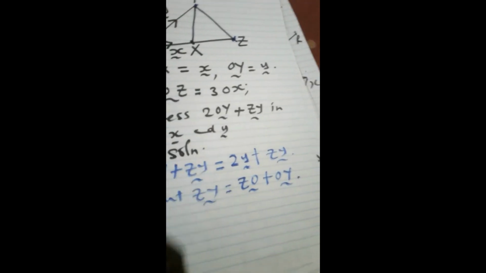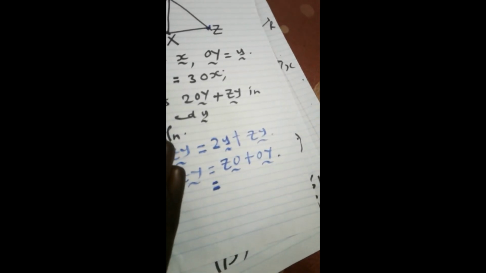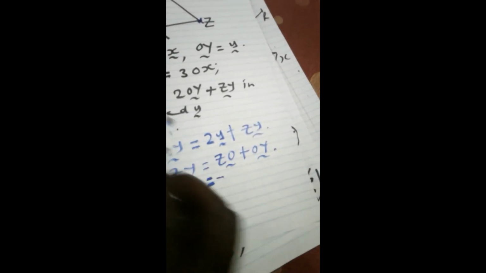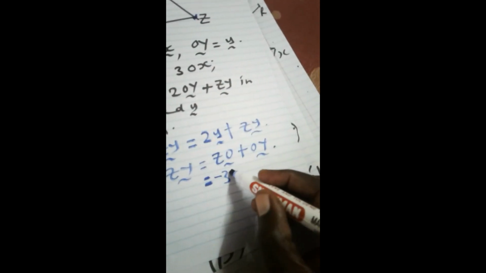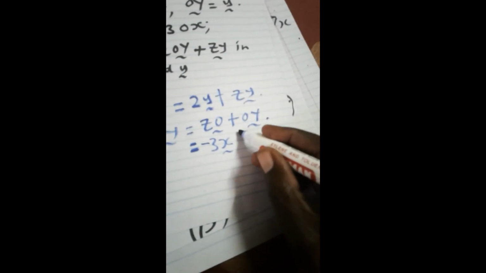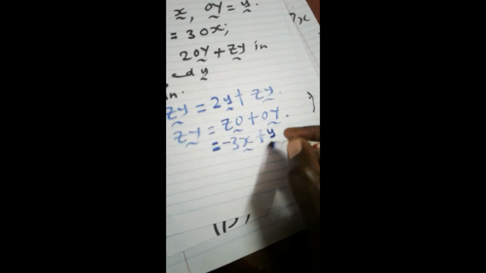But we have got OZ. Therefore, ZO is a reverse of OZ. Therefore, ZO is a reverse which will be a negative 3OX. But OX is given as vector x. Now, followed by OY, which is vector y.